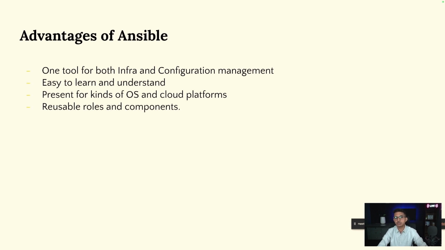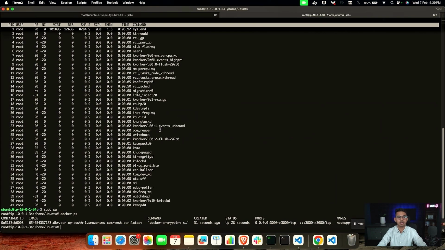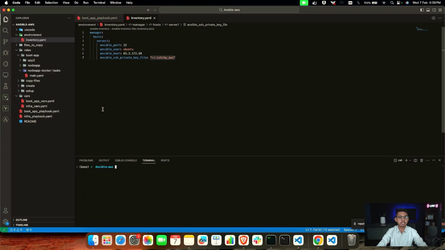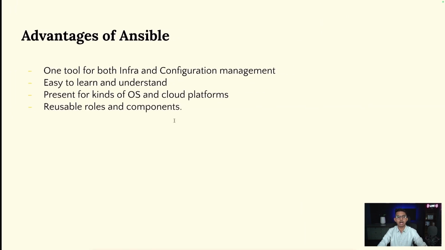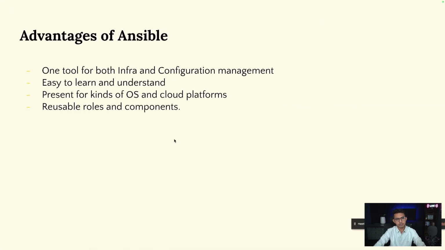And you can create reusable roles and components. For example, what I did here was the DigitalOcean part. So you can have a separate role that deploys your infrastructure to DigitalOcean, but the deployment part of your application can again be reused on that particular infrastructure. So the roles are pretty much reusable.